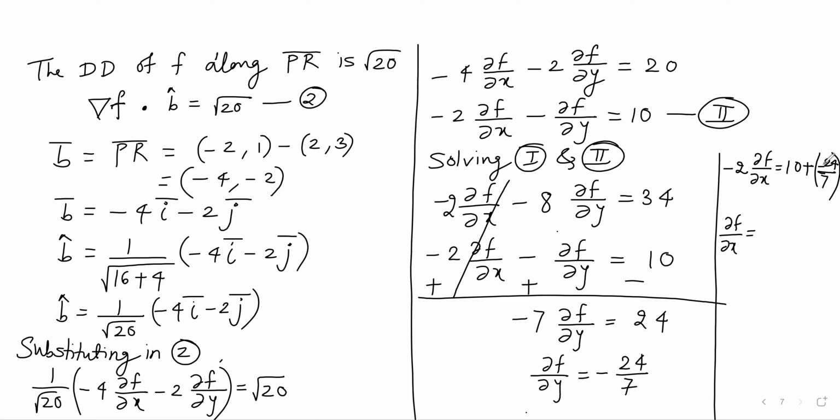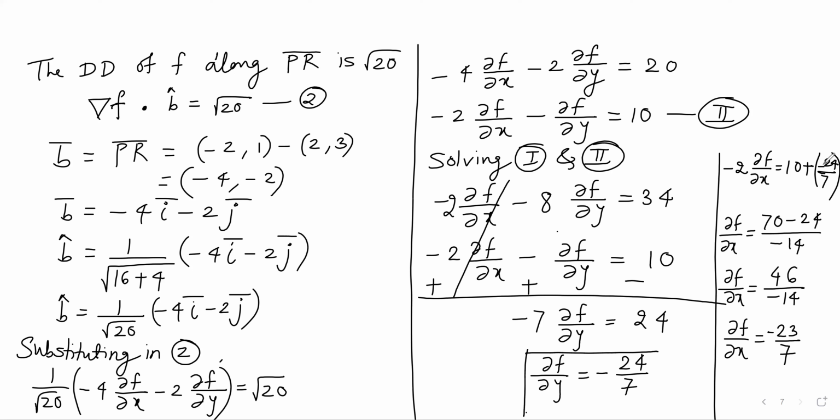This is 70 minus 24 by 7, and this minus 2 will go here, minus 14. Correct? So del f by del x will be 46 by 14, and when I divide it by 2, minus 23 by 7. Correct?